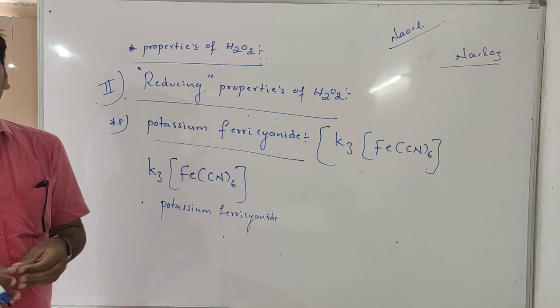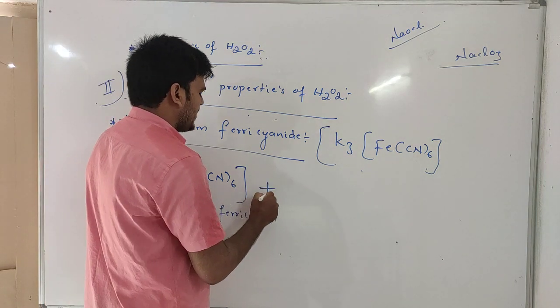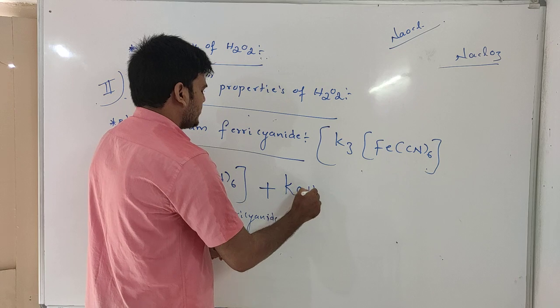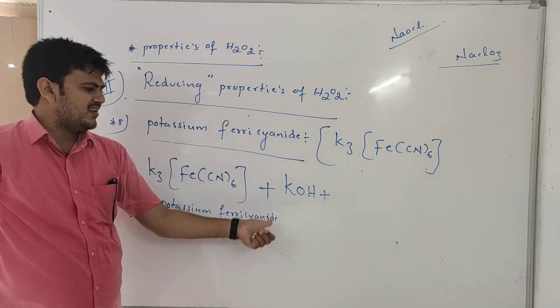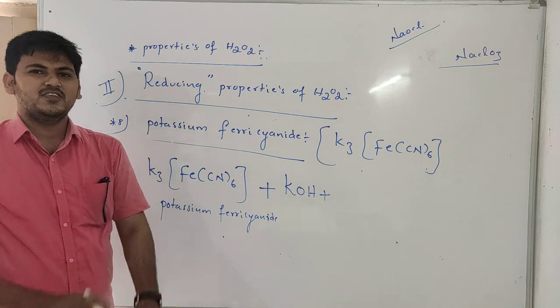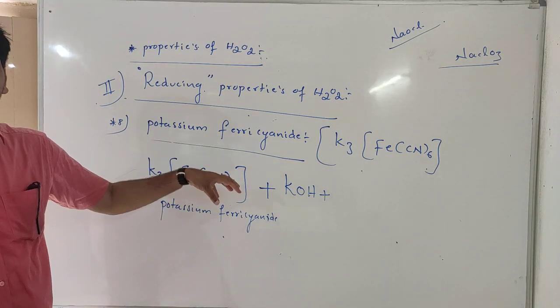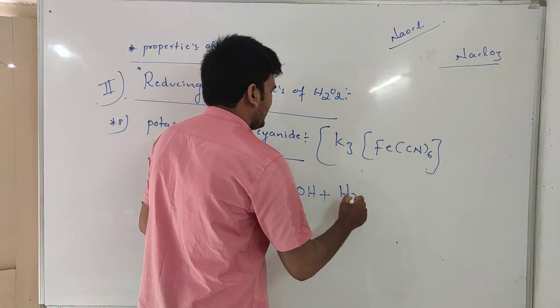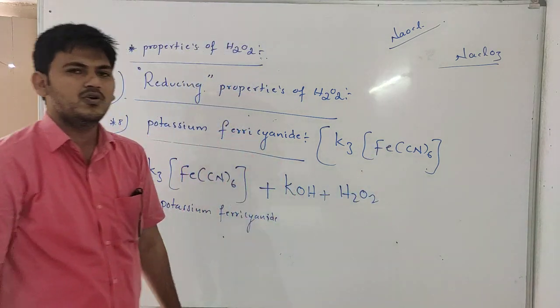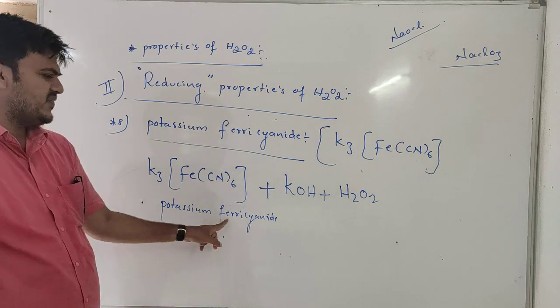alkaline means basic. So one of the bases, that is potassium hydroxide, formula KOH. So potassium ferricyanide reacts with a base, potassium hydroxide, in an alkaline medium, plus our compound hydrogen peroxide, formula H2O2: three reactants.